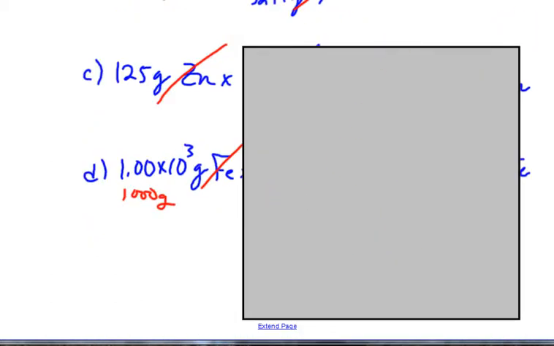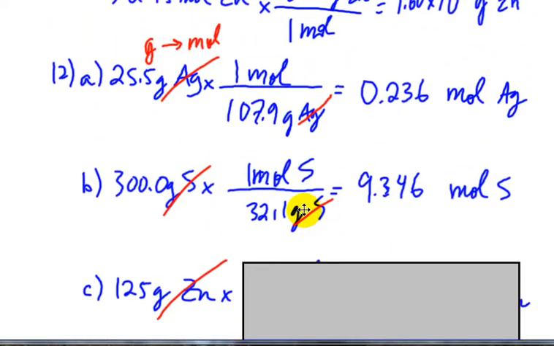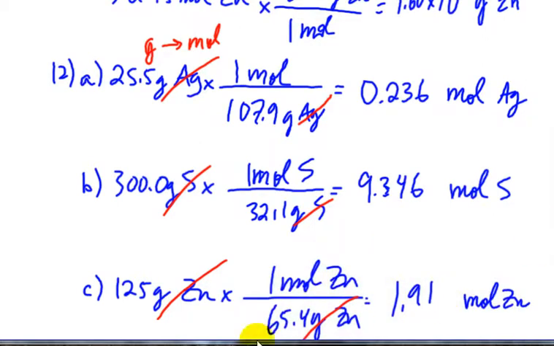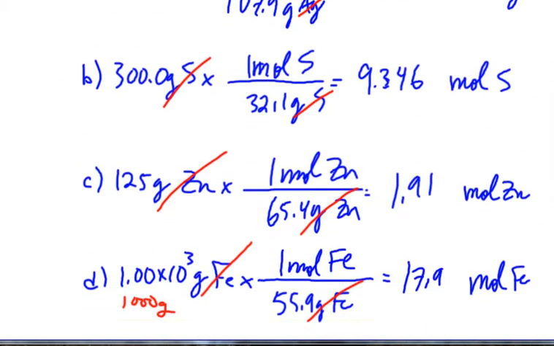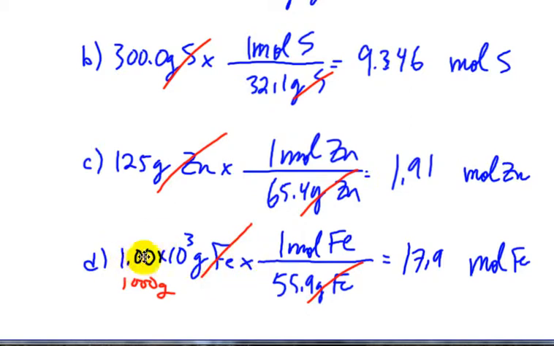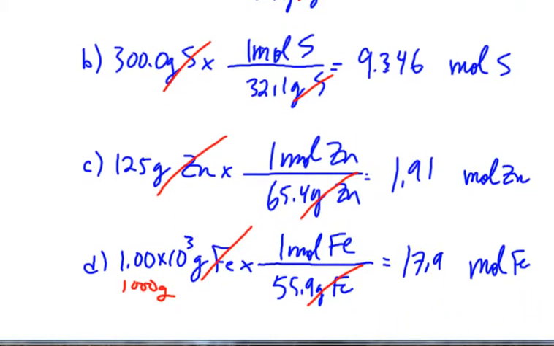Sulfur, 32.1 grams. Zinc, 65.4 grams. And then iron, 1.00 times 10 to the 3 is just simply 1,000. 3 significant digits though, because it's in this form. Iron is 55.9 on the periodic table, so we get 17.9. So you can see it's very similar to what we did before, except using a different part of the conversion table.